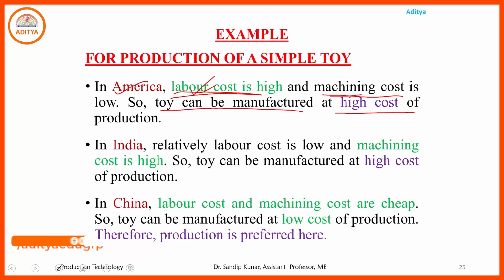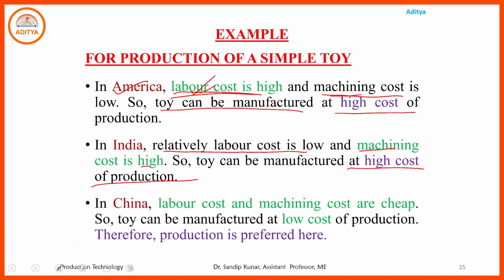In India, labor cost is relatively very low but machining cost is high, because very sophisticated machines are produced in developed countries. So we purchase different precise and sophisticated machines. That's why any type of thing is produced at high cost.